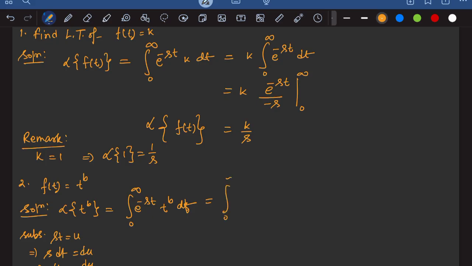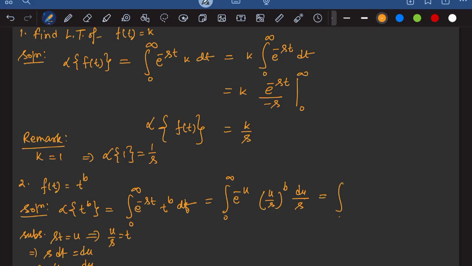So you can substitute this one: the limit will be 0 to infinity, e power minus u, and in place of t you are going to write u by s. So here u by s whole power b, and here du by s.